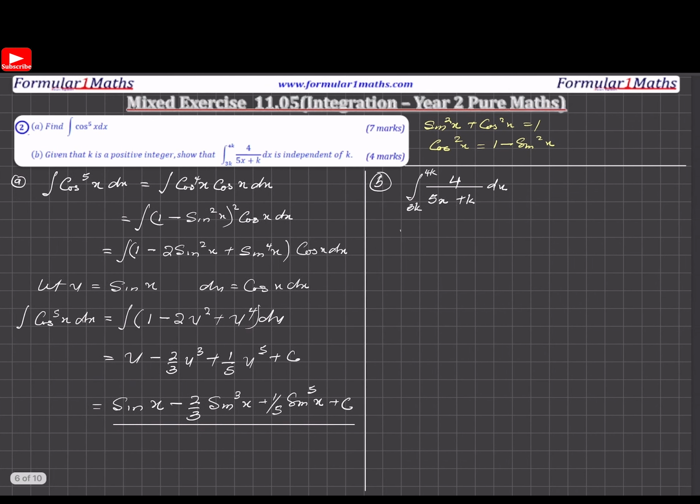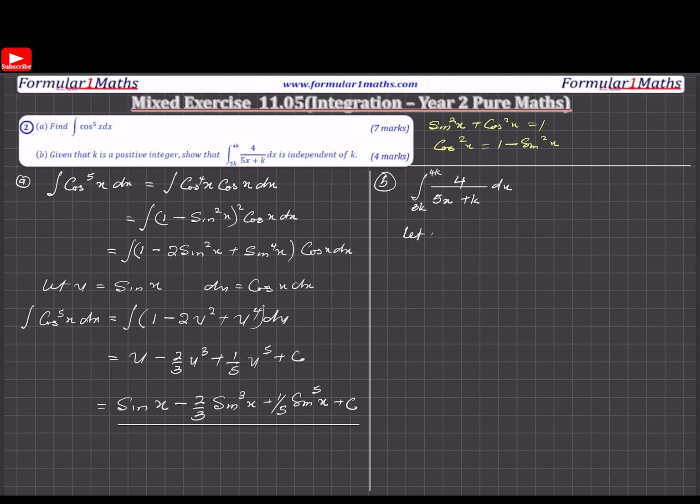So let u equal 5x plus k, and therefore du will be equal to 5 dx. I want dx, so I'm going to say 1/5 of du equals dx. That means I can replace dx with 1/5 du.